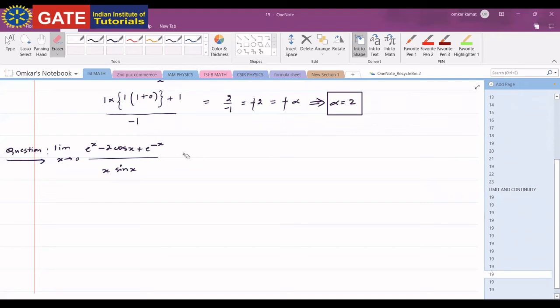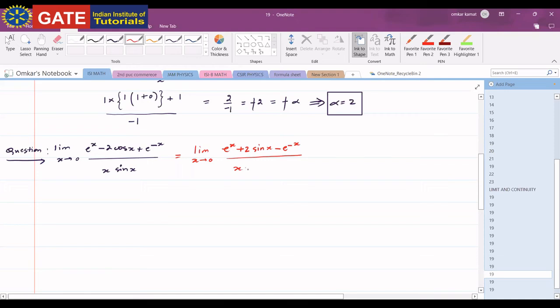Okay, 2 is the answer. So see, once you substitute, it will be 0 by 0 form. So I'll directly use L'Hopital rule. Limit as x tends to 0, the differentiation is e to the power x plus 2 sin x minus e to the power of minus x, divided by x cos x plus sin x. Now, as x tends to 0, this will be 1, this will be 0, minus 1. 1 minus 1, 0. Again 0 by 0 form, because here x into is there. So use the L'Hopital rule again.